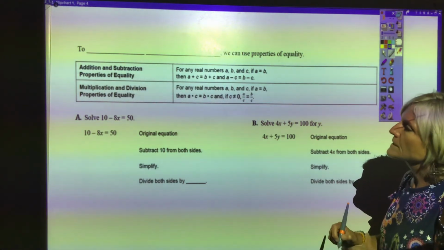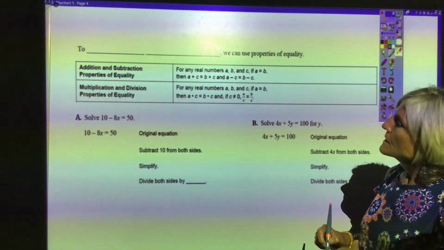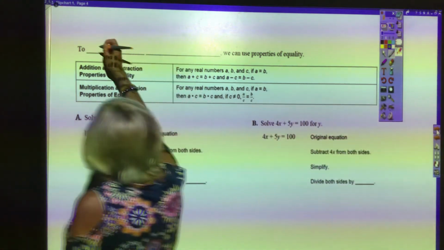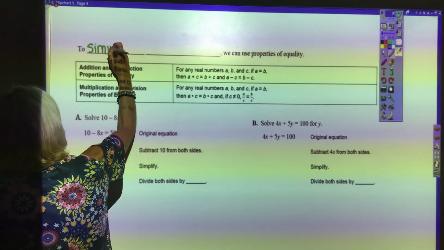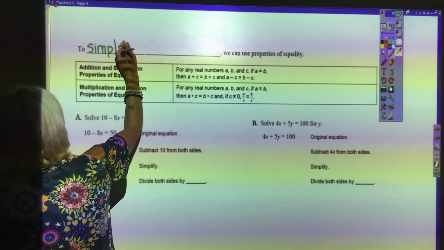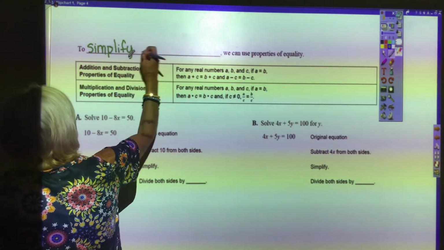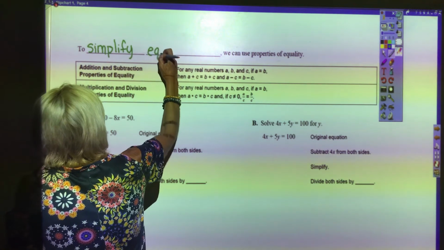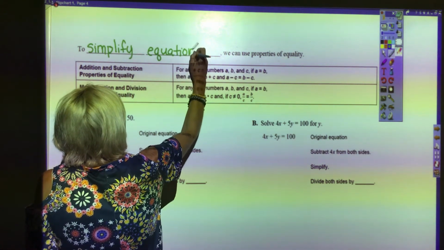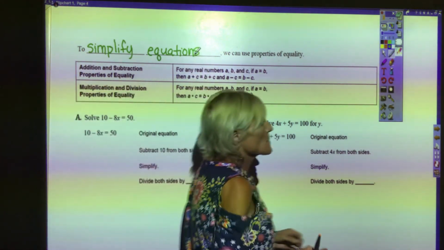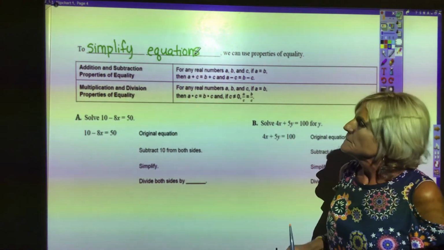Okay, to fill in the blanks on the next part, to simplify equations, we can use the properties of equality.